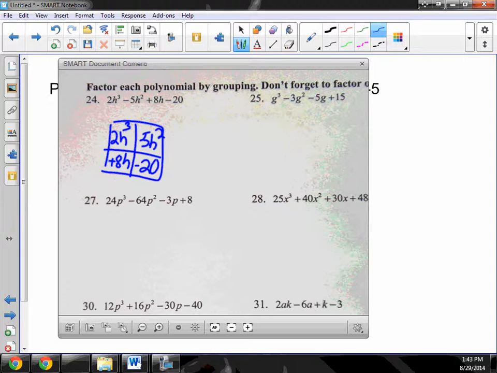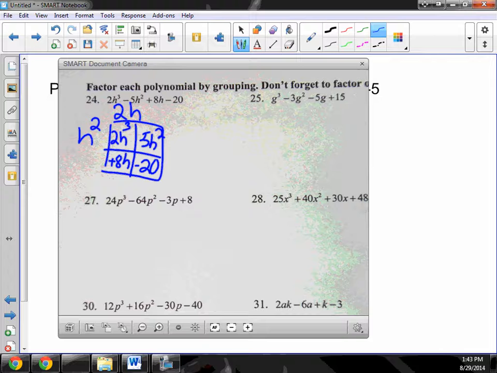So we look at the top row. What does the top row share? h squared. If this is an h squared, what goes on top? 2h. Does anybody not understand why? No?